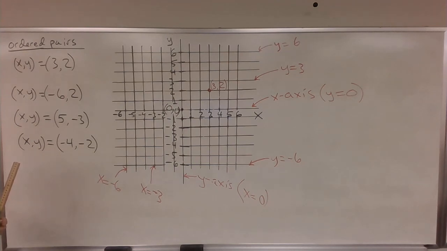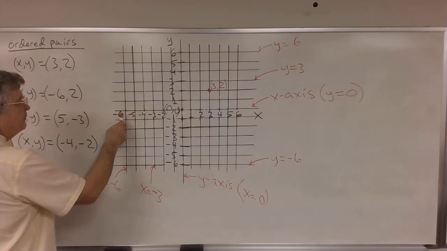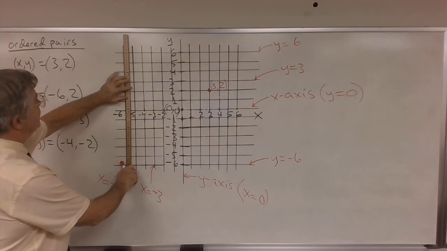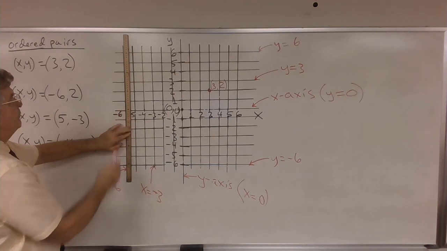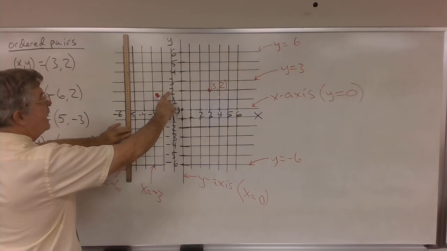Our next ordered pair, x equal -6, y equal 2. And remember, it's always x first and y second. So x is -6 and y is 2. Here's the line going through the point -6 on the x-axis. So this vertical line right here corresponds to x equal -6, and we want y equal 2.